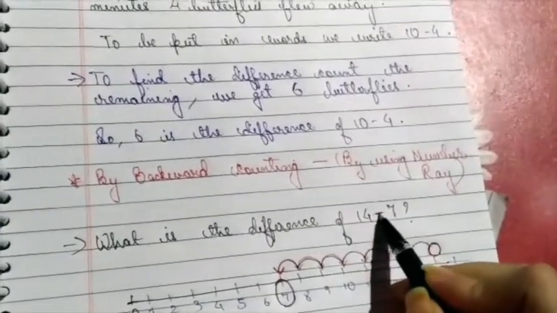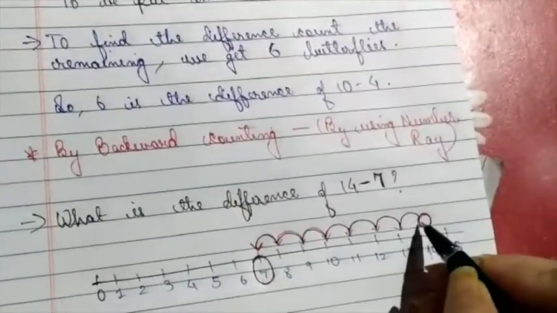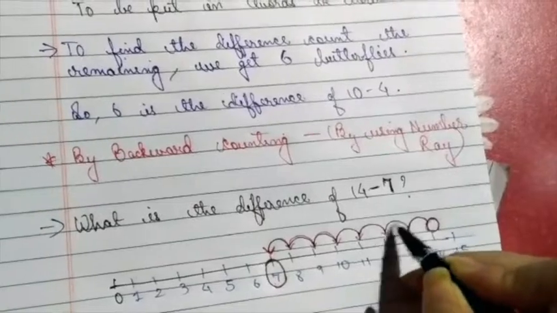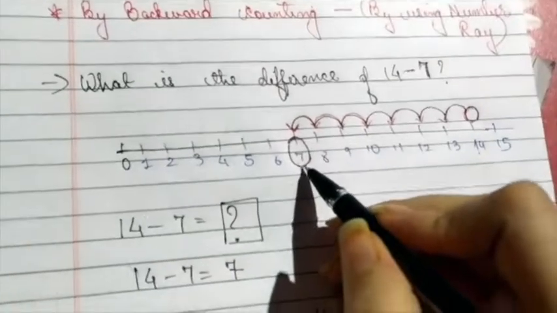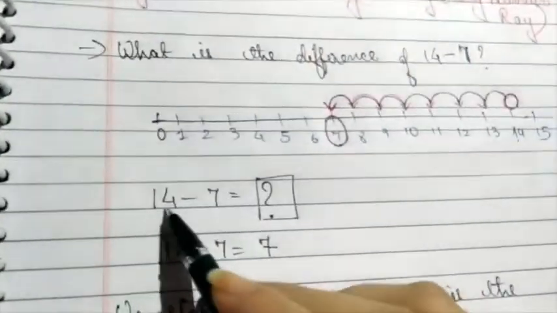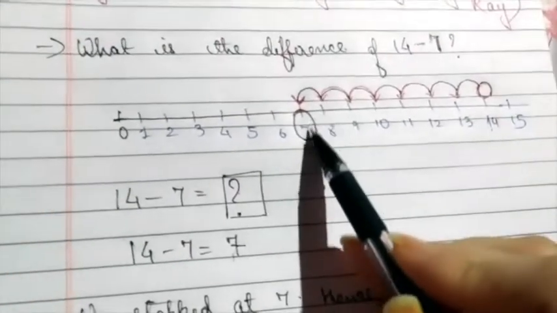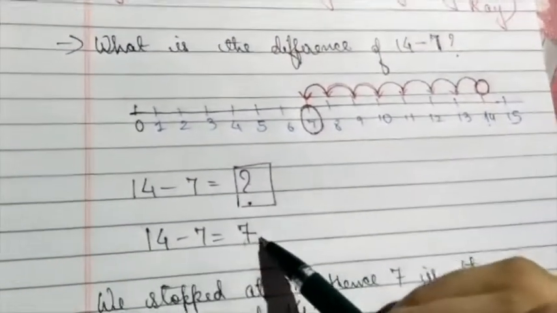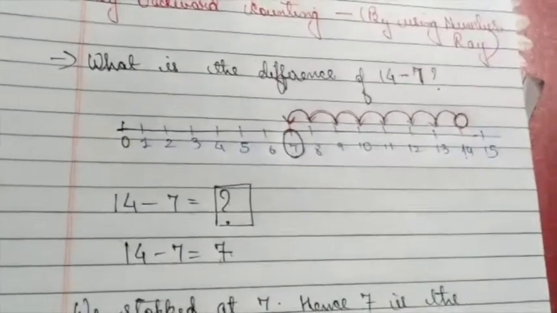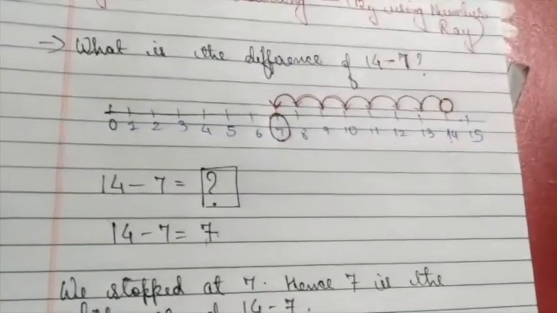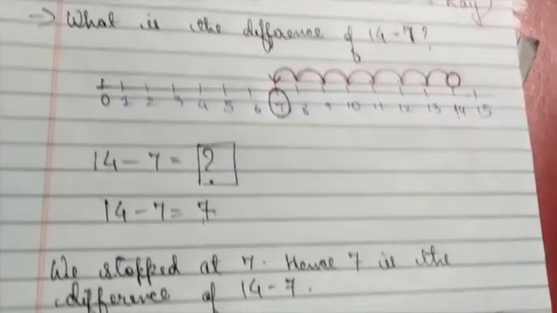Because it is written minus 7. Now we have reached 7. So 14 minus 7 is equal to what? We get 7 as the answer because we stopped at 7. So 7 is the difference, and 14 minus 7 is equal to 7.